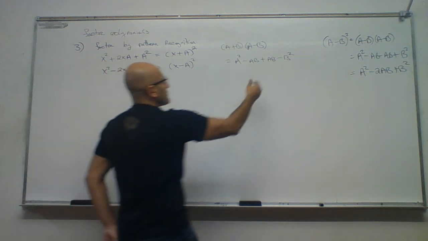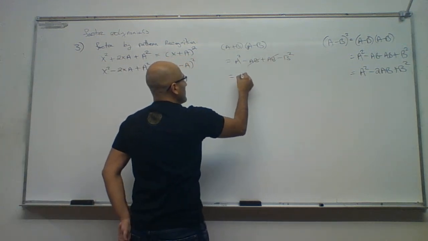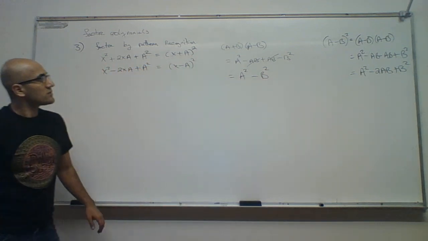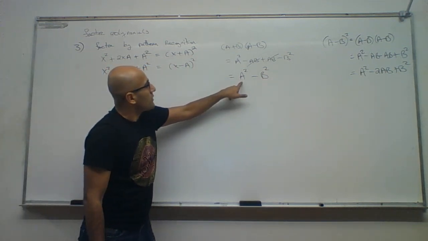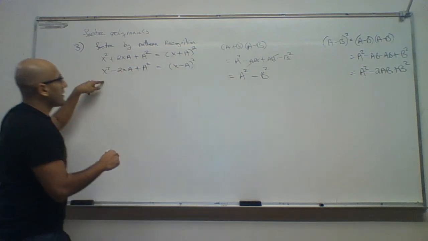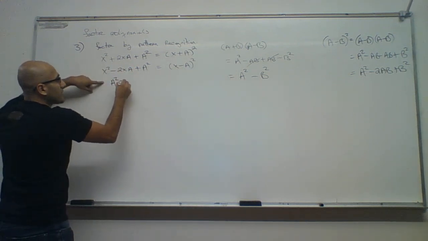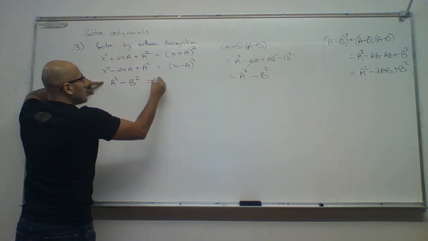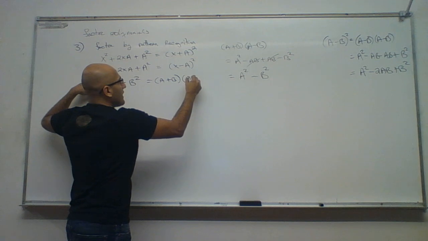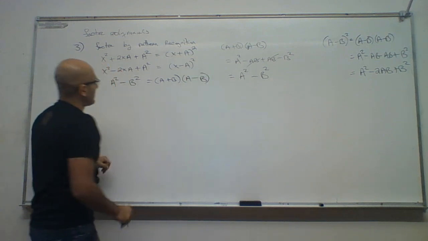And then the middle terms cancel out. We just get this. We call that a difference of squares. And so again, we are going to start with that, and we're going to go, hey, I know that pattern, it equals that. So I'm going to write that one down. a squared minus b squared is equal to a plus b times a minus b, like that.